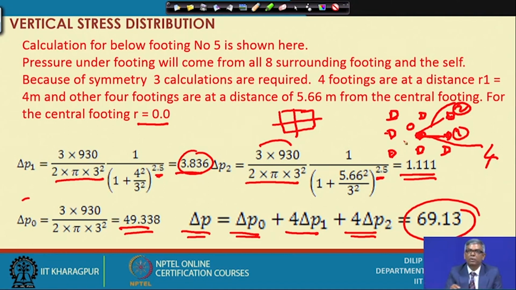The same formula we have to apply again and again and then add it up to get the pressure. Similarly, if I want to find the pressure below this footing, I have to consider the distance from this footing to all footings, designate R1, R2, R3, calculate applying the same formula, then sum it up. I have shown only one, that is the middle, center footing. For the other two edge footings, you may calculate the pressure and practice.